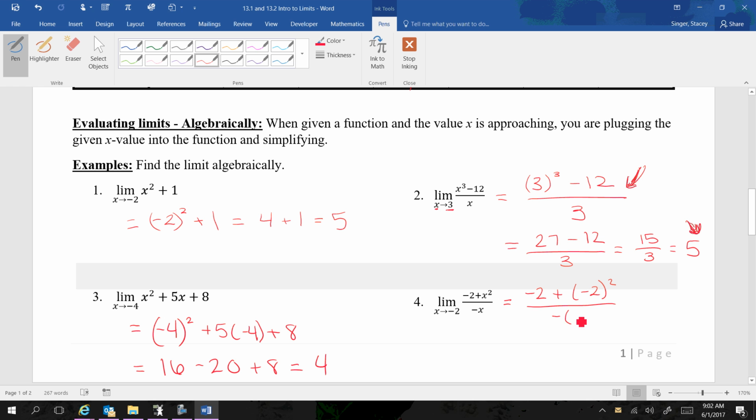I leave it out there, right? Negative times a negative 2 would change to a positive, correct? So I got negative 2 plus 4 divided by negative of negative 2 would become a positive 2. So I'd get a whole whopping 2 over 2, which would give me 1.